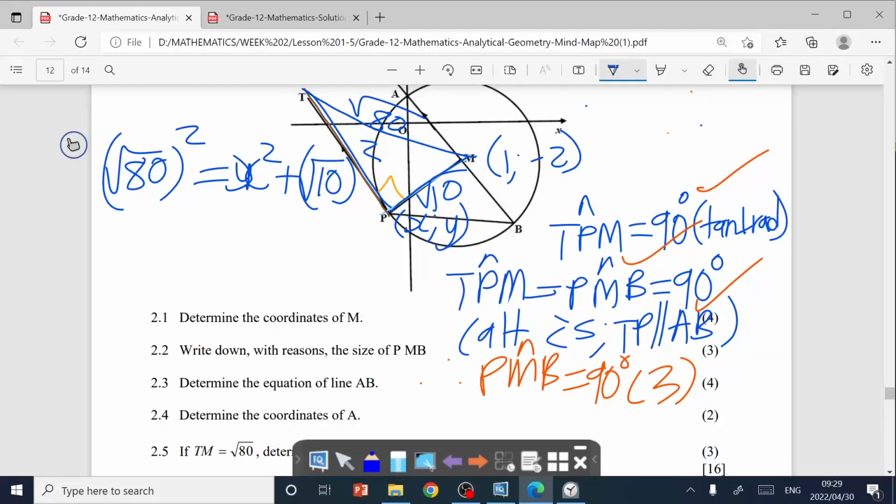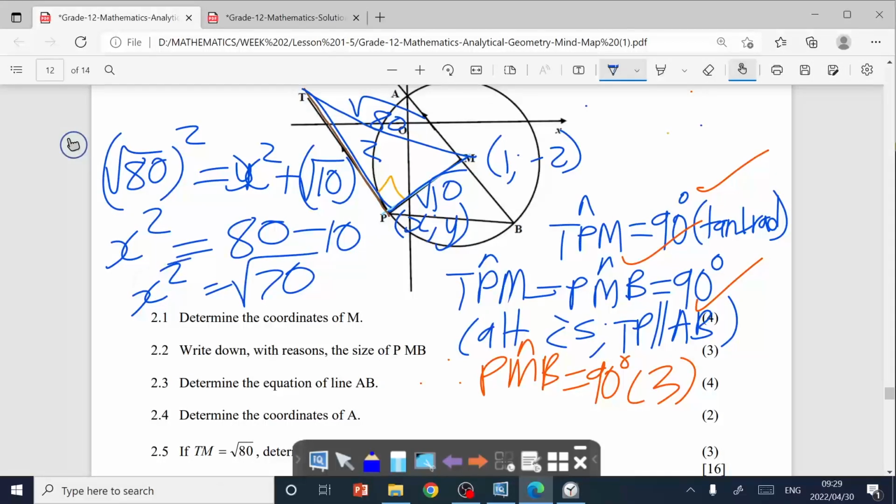So x squared will be equal to 80 minus 10. 80 minus 10, so x squared is equal to 70. And then x will be square root of 70.